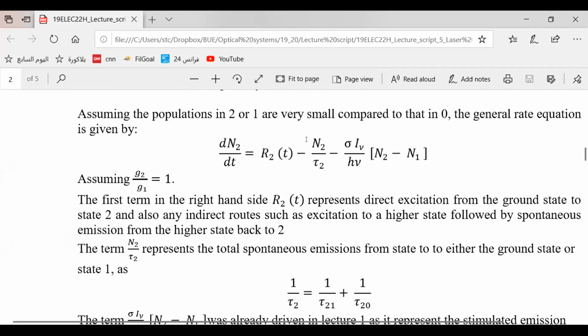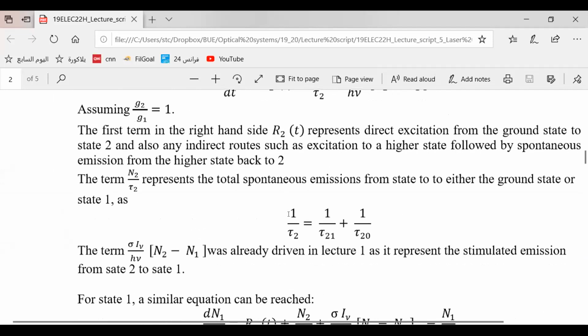Here the term 1 over tau 2 is a summation of 1 over tau 2 1 and 1 over tau 2 0. 1 over tau 2 1 is the spontaneous emission from 2 to 1, and 1 over tau 2 0 is the spontaneous emission from 2 to 0.